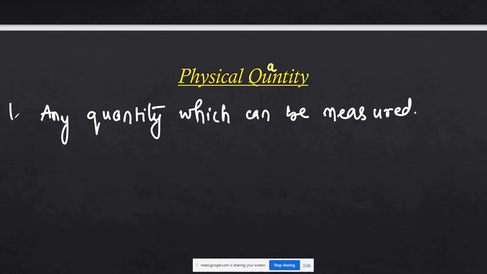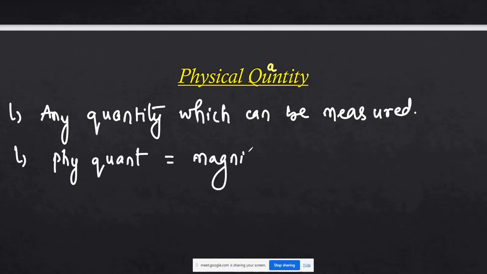This physical quantity is expressed in two things. It should have magnitude, and it also must have unit. So any quantity which has both magnitude and unit will be considered as physical quantity.